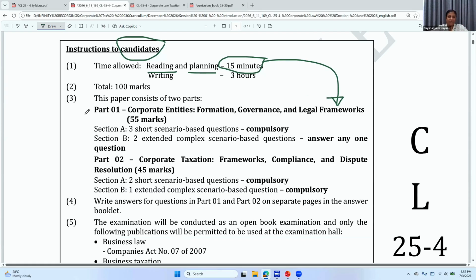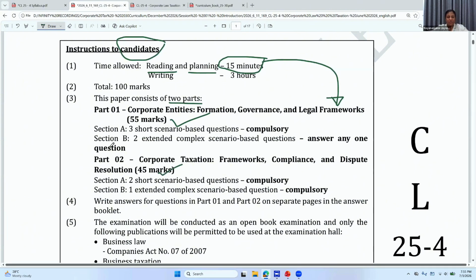Third, this paper consists of two parts. Part 1, corporate ethics, formation, governance and legal framework, for 55 marks. Part 2, corporate taxation, the framework, compliance and dispute resolution, for 45 marks.